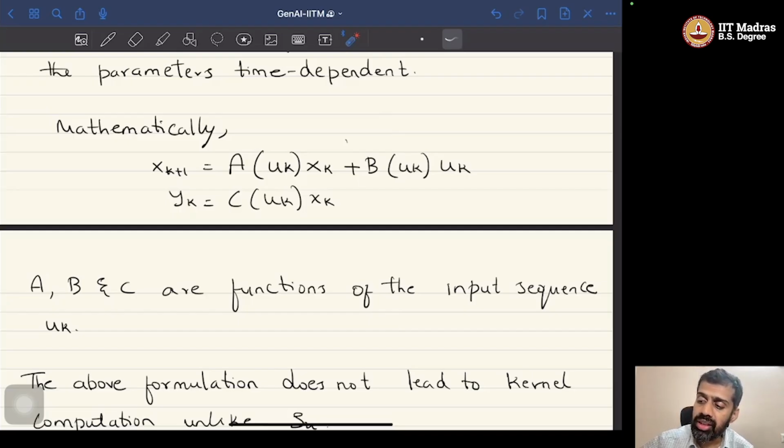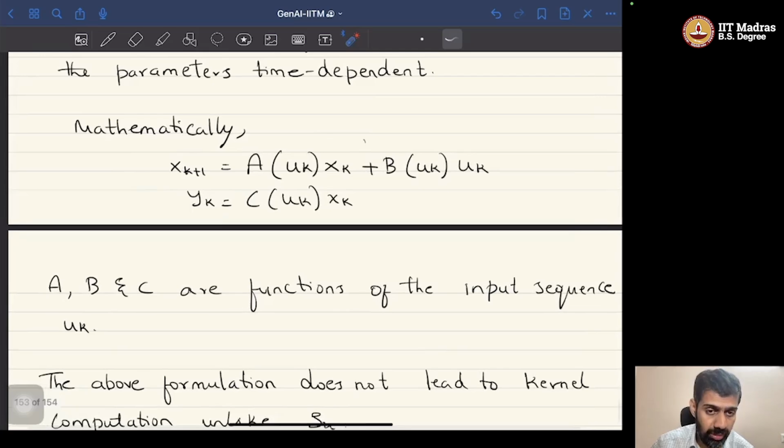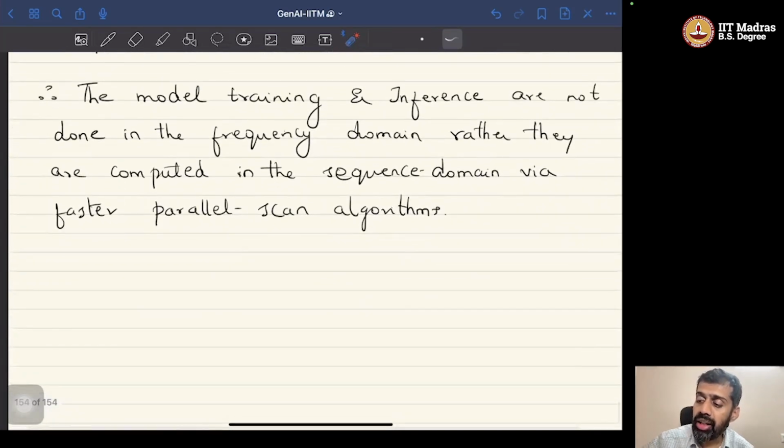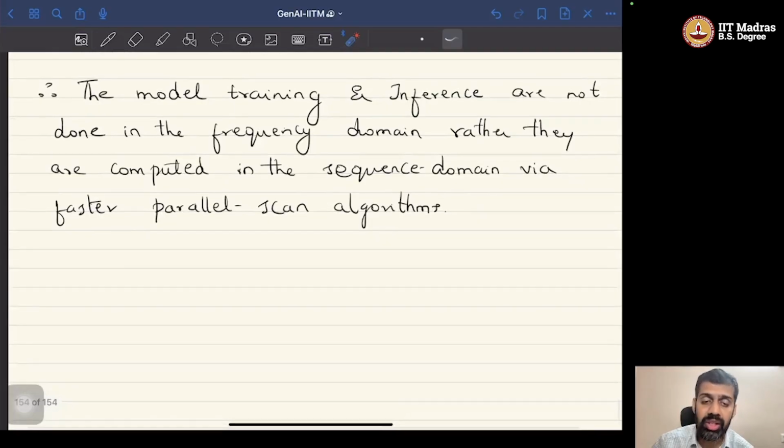This particular type of state space equation, though it does not adhere to the classical recurrence, is very similar to the prefix sum operation, which can be made parallel using several parallel scan algorithms. So that is the idea behind making Mamba faster. Otherwise this would become computationally heavy. To avoid that, several parallel scan algorithms are used, which are nothing but parallelization of this idea of prefix sum.